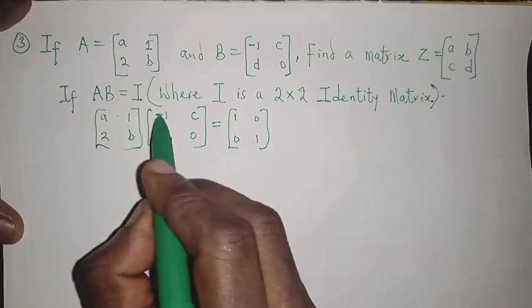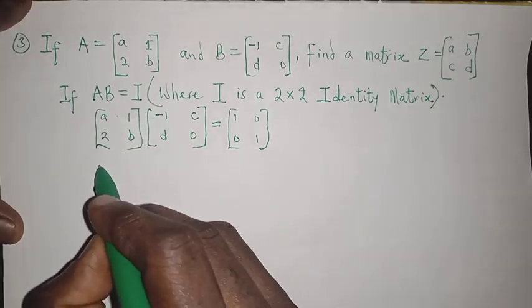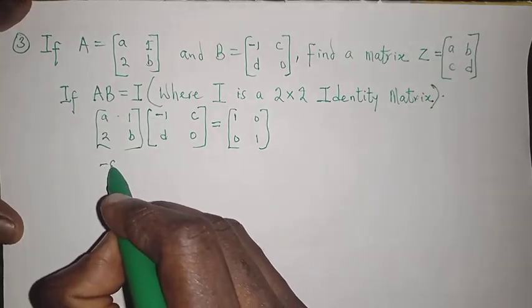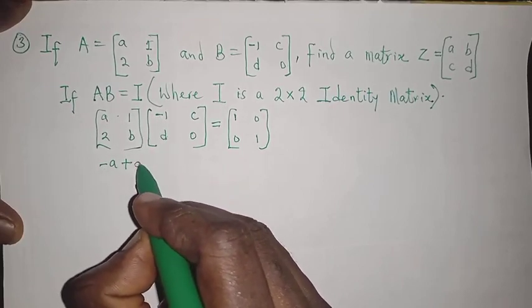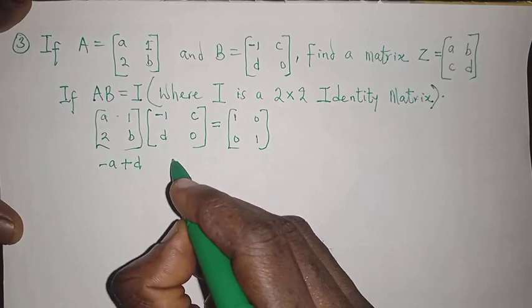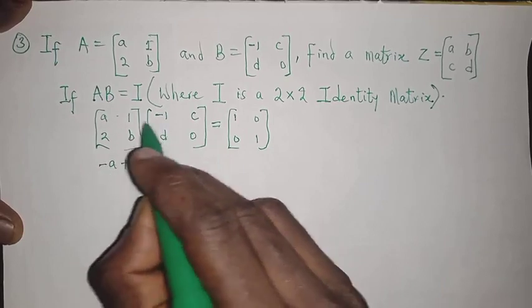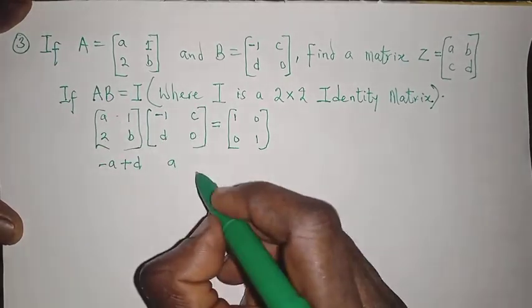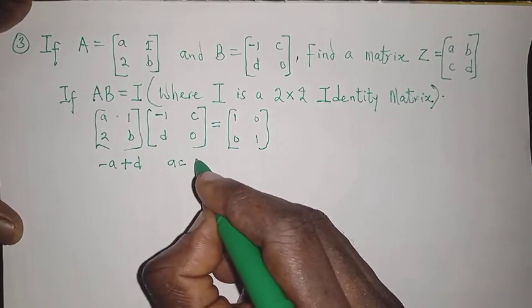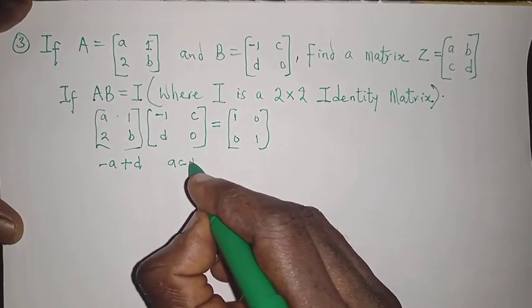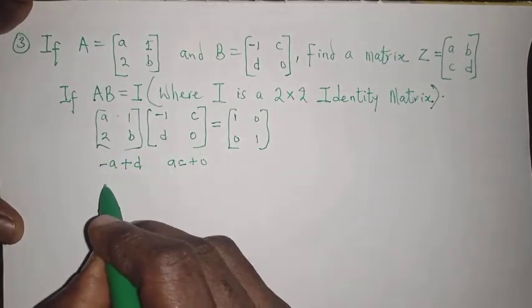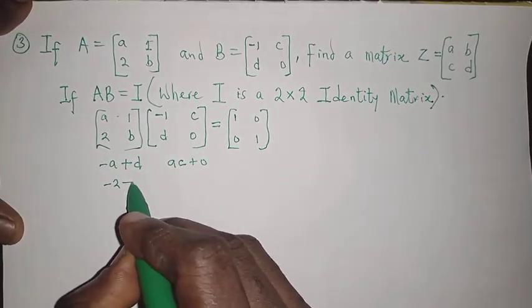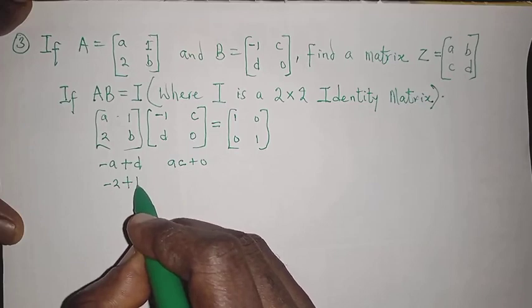So I'm going to go straight into working on this. So A times this is going to give me minus A plus D. This time this is going to give me AC actually. Then plus 0. And this times this is going to give me minus 2 plus BD.